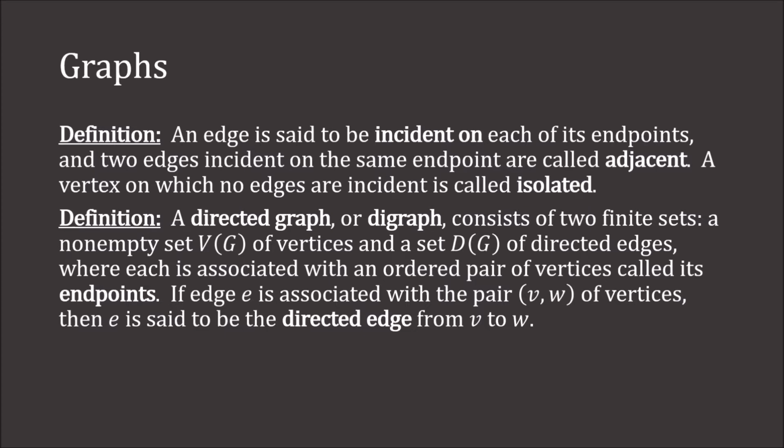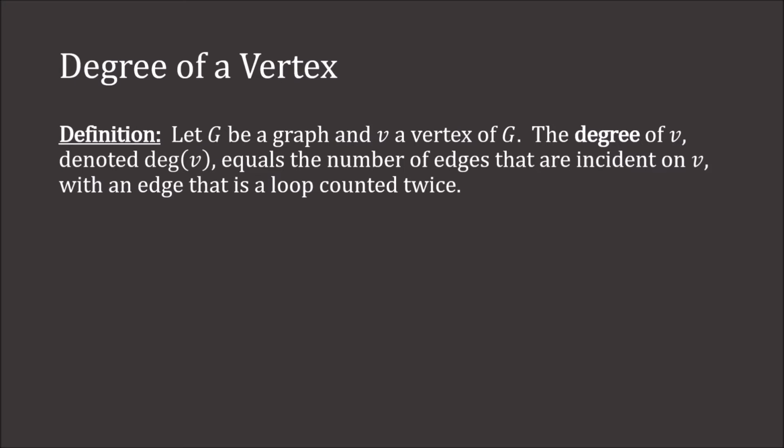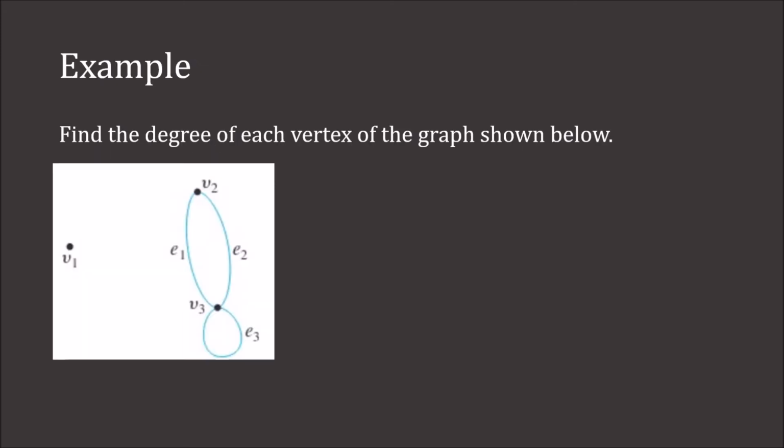Now, let G be a graph and V a vertex of G. The degree of V, which is denoted degree of V, equals the number of edges that are incident on V, with an edge that is a loop counted twice. So let's practice finding degrees on this graph.